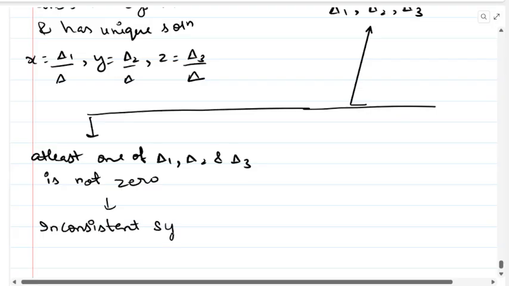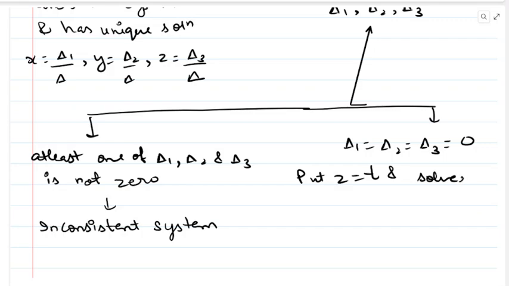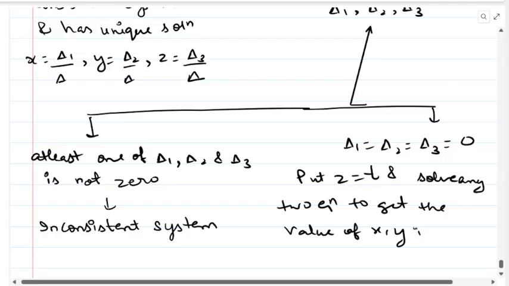And if del 1, del 2, del 3 are all 0, put z equal to t and solve any two equations to get the values of x, y in terms of t.